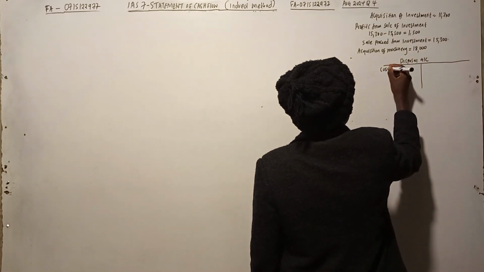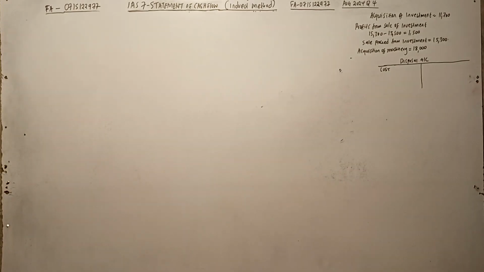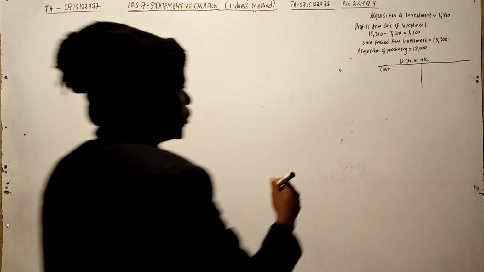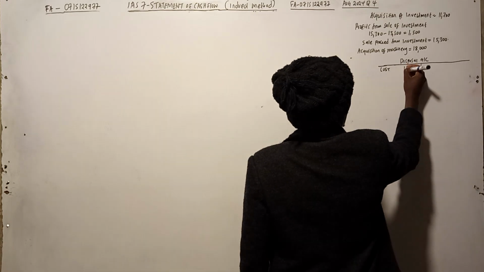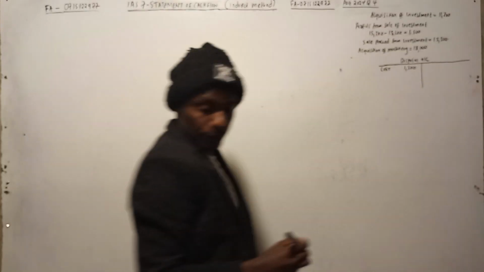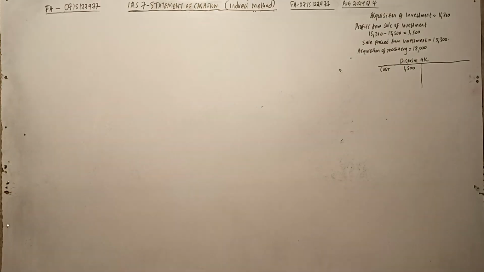So we start with the cost. What was the cost of the item we disposed? Anasema some items of the PPE which had a cost of 1,500 was disposed. So the cost was 1,500. We also check for the accumulated depreciation.